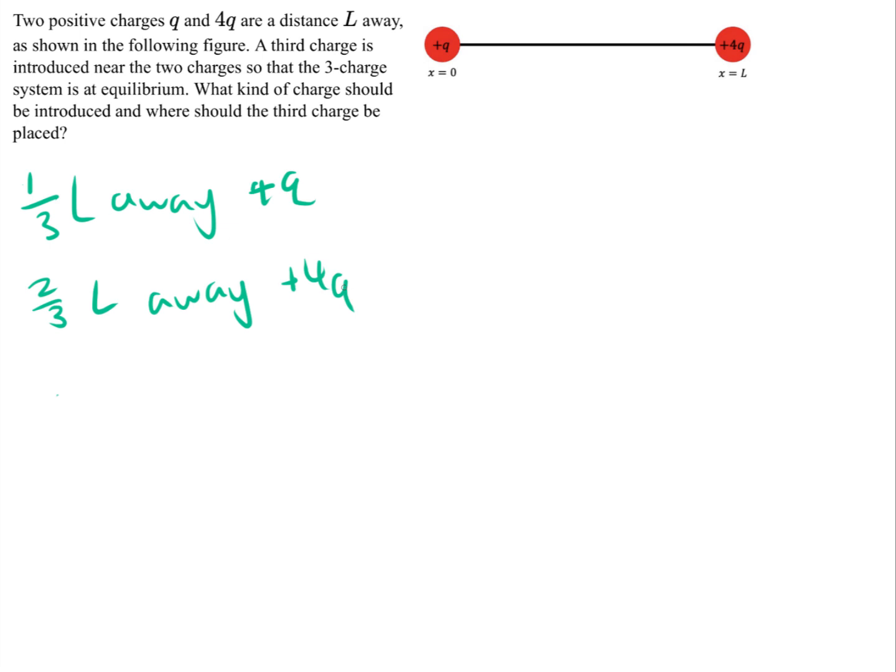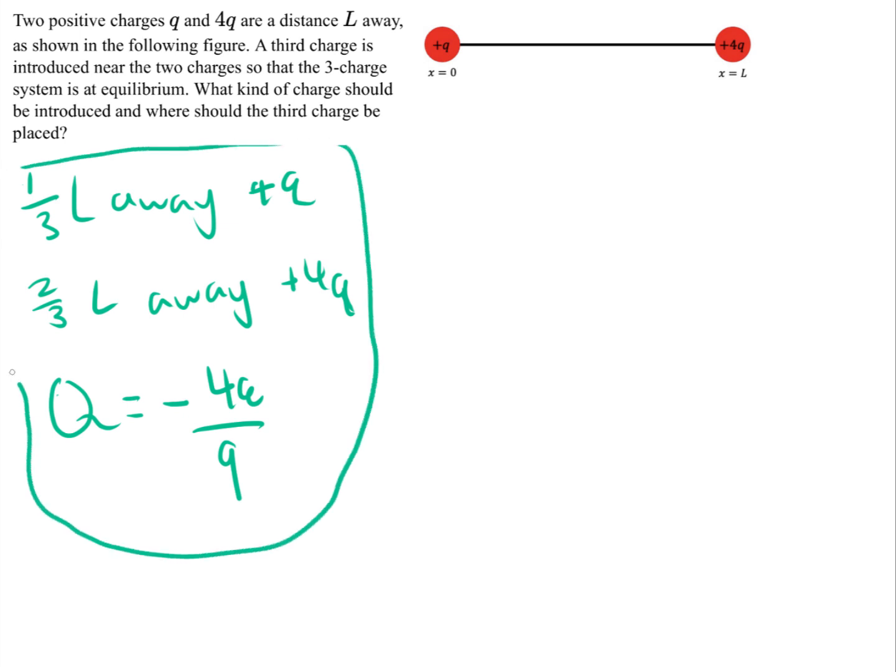But the negative charge is actually negative, so Q will actually be minus 4q divided by 9, since it will have a negative charge to keep the positive charges from flying apart. And that is how you would solve this problem.